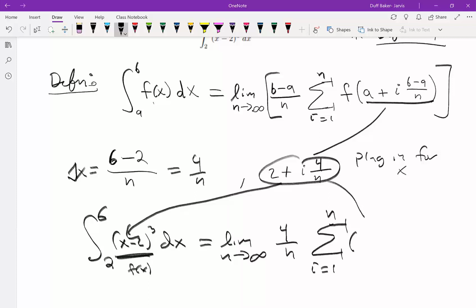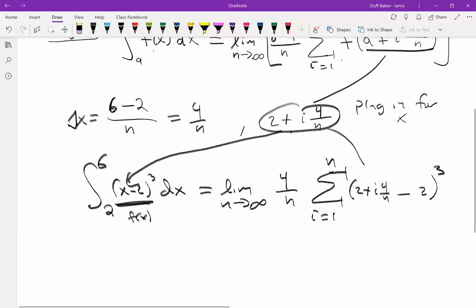And when we do that, instead of x, we write 2 plus i times 4 over n. So this was x. And we had the minus 2, and then we had the cubed. Right, because we're plugging this in for x in f, and f was x minus 2 cubed.